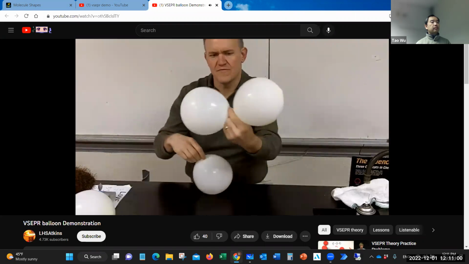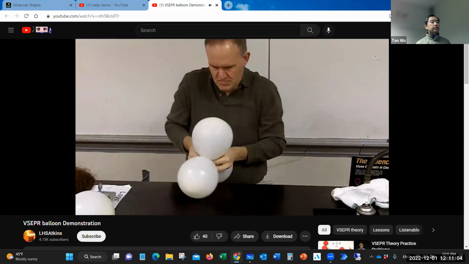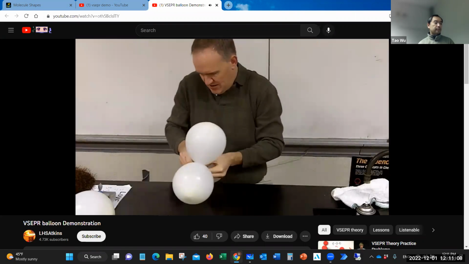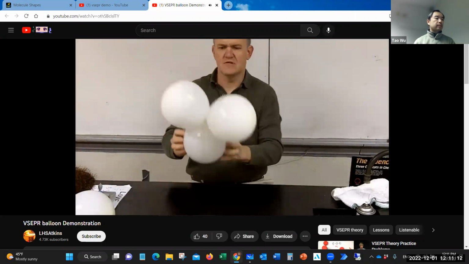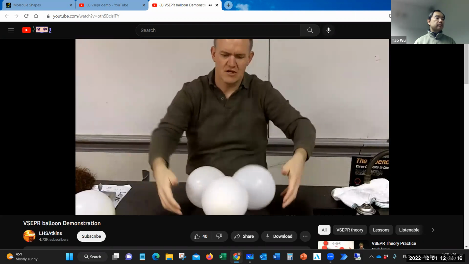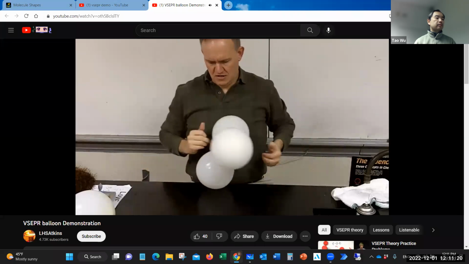However, if we take three pairs, three balloons, and tie them together, you can see that this is the arrangement that we get. I'm not making them into that. That's just the natural lowest energy state that they can go into.